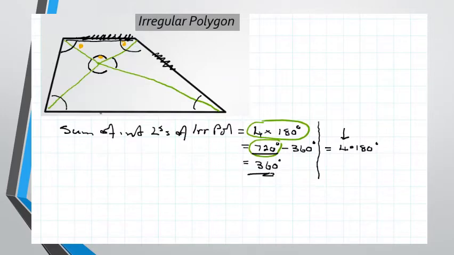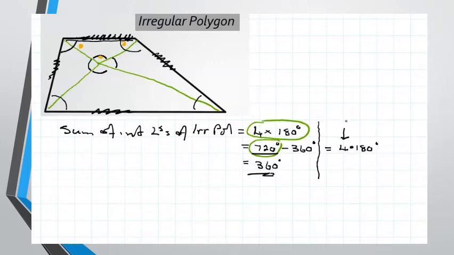Also this side of the triangle represents that side of the irregular polygon, and then similar thinking, that side of the triangle represents that side of the irregular polygon. Now you will find that the number of triangles will be equal to the number of sides.